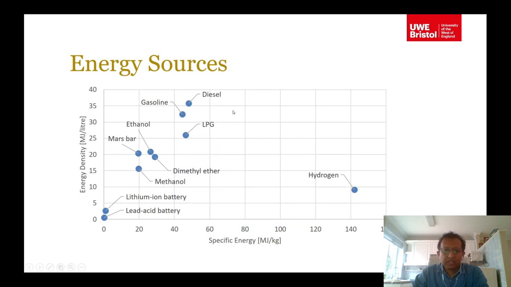And if you look at different energy sources, we'll look at the energy density and the specific energy. So if you look at the energy density of diesel and gasoline, they are pretty high. Megajoules per liter is pretty high, and LP gas is somewhere around there.